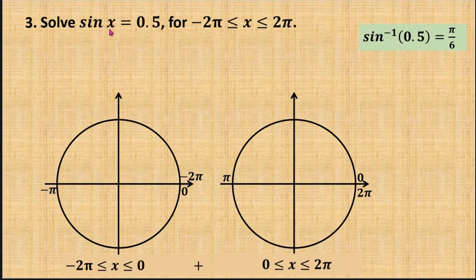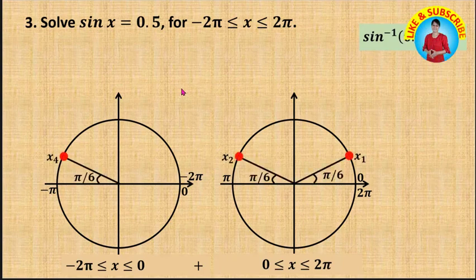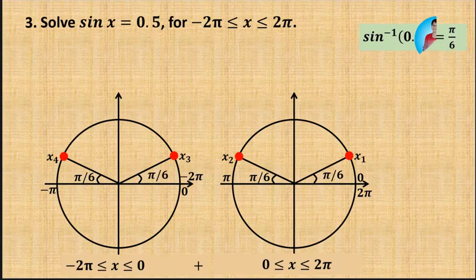Since sine x is equal to a positive value 0.5, which means that the angle should be in the first quadrant and second quadrant in both circles. Next, I'm going to find the values of these angles.